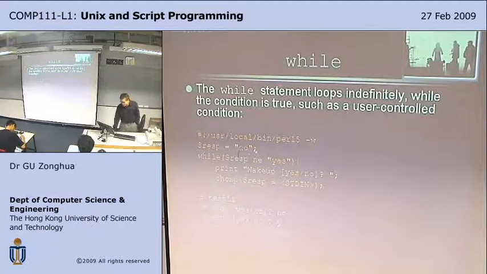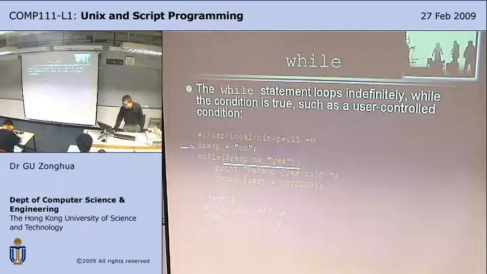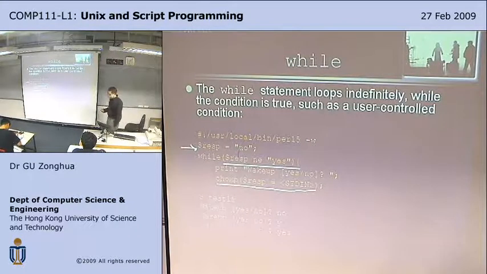So while loops indefinitely while the condition is true. Response is a string, assigned no initially. While response not equal to yes, then you ask wake up, and this takes in an input string and chomps it, and returns to the top of the while loop.